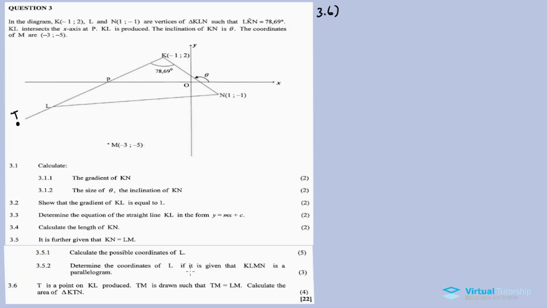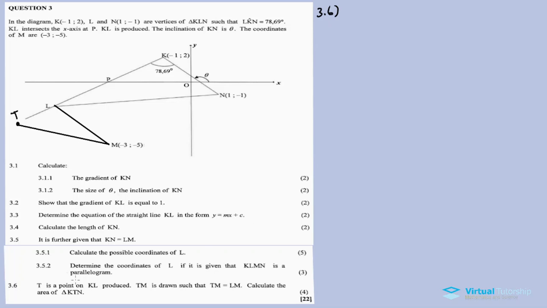And then TM is drawn such that TM is equal to LM, this length, and LM is also equal to KN. So it also means that, okay, interesting.